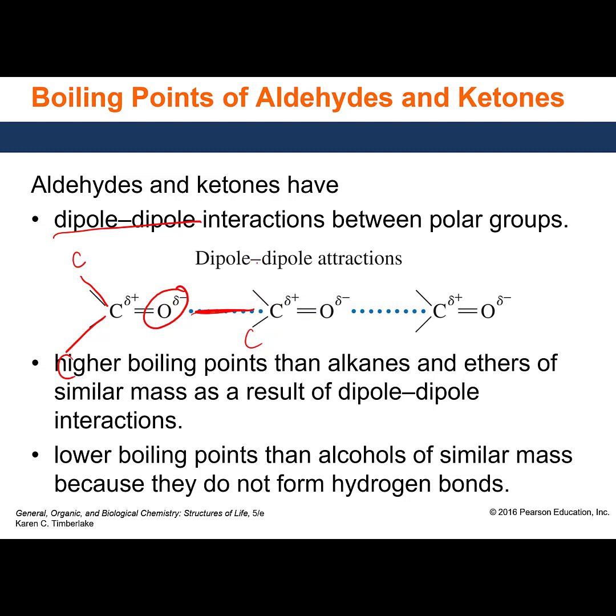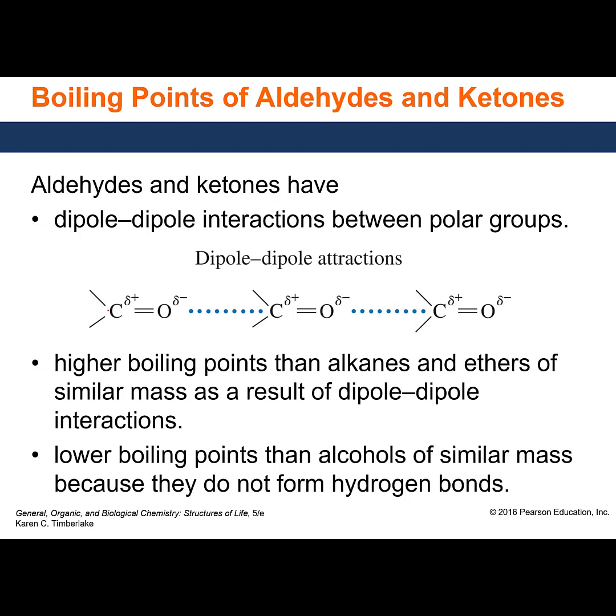Of course, this is not as strong as if it were a hydrogen bond in between them, but still somewhat effective. So that would give them a slightly higher boiling point than an alkane of the same length chain, so the same number of carbons. And it would have, though, lower boiling points than an alcohol of about the same size.